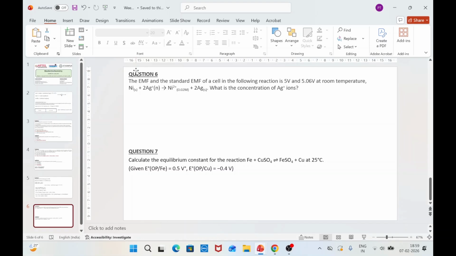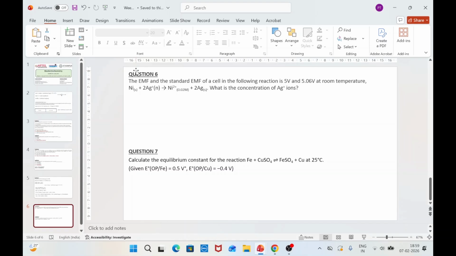Based on these values, you are supposed to calculate the concentration of the silver plus ions. So it's the same usage of the Nernst equation. It's just that you have to do a few modifications and be careful at a few places. Apart from that, it's again a very standard question that I have taken here.